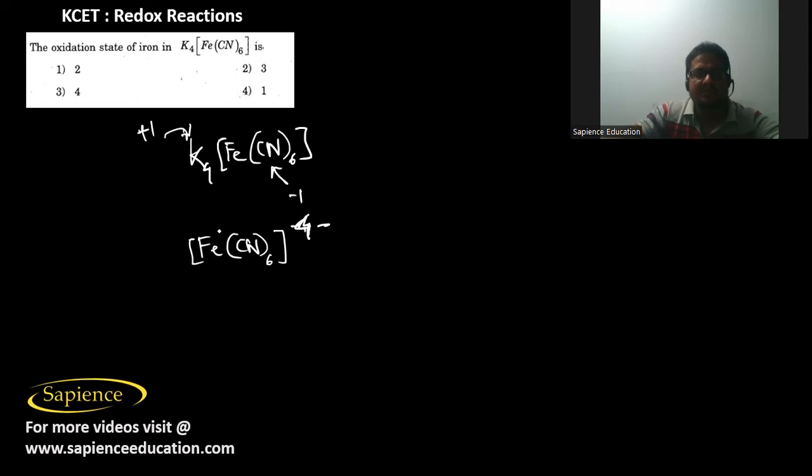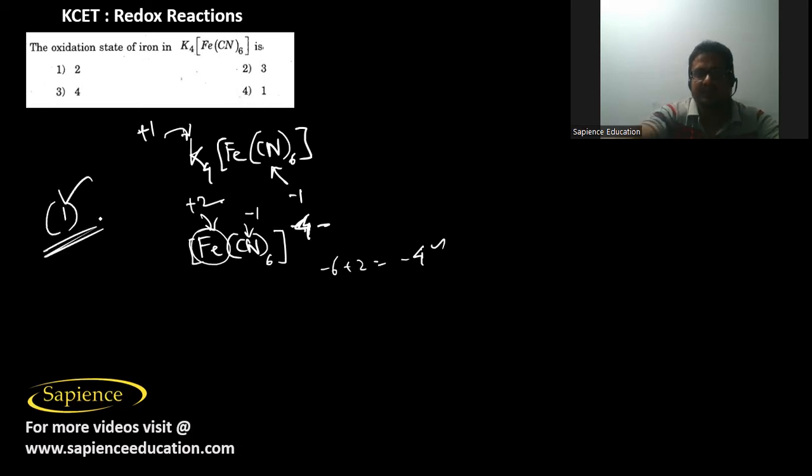So the charge of Fe should be +2. Since the charge on the cyanide ion is always -1, -6 plus 2 will give us -4. So iron is in the +2 oxidation state. So option 1 is the correct answer.